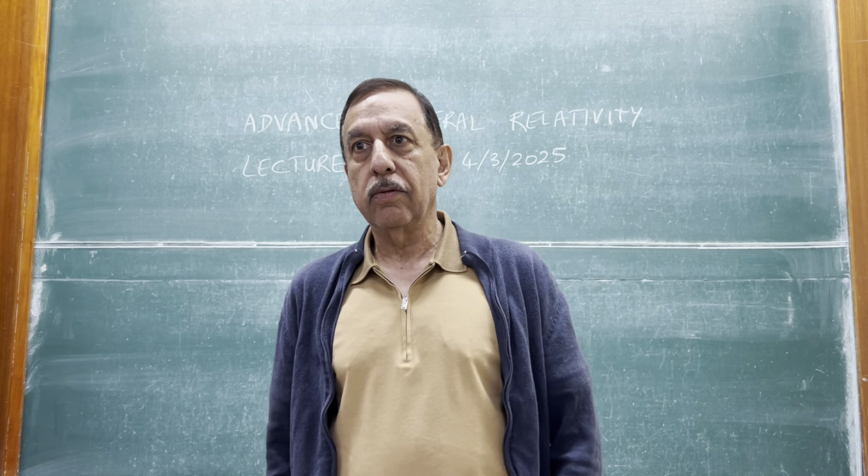The virtue of this is that we get the metric in the following form. We get f(sigma) dtau² plus 1 over f(sigma) dsigma² plus sigma² dΩ²_(d-2).